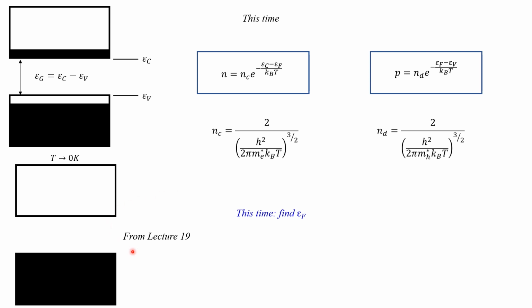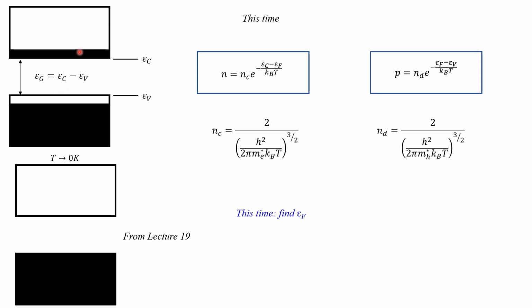To do it, recall from lecture 19 that a semiconductor is a material in which, as the temperature approaches zero, the conduction band is completely empty and the valence band is fully occupied. But as the temperature increases, electrons are excited from the valence band to the conduction band, leaving behind a hole.